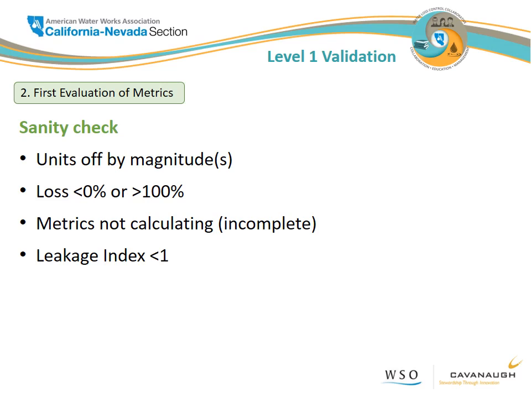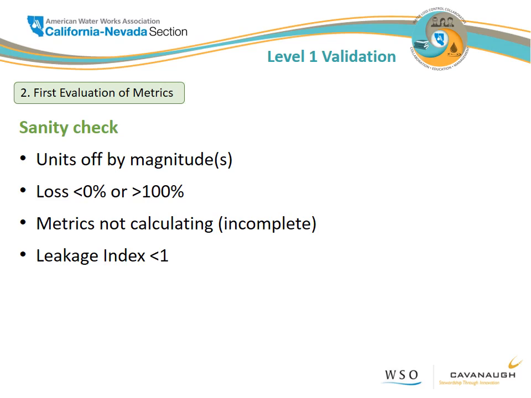Every system has a physical limit, a low limit of the leakage that can be reduced to. And so if we see a leakage index less than 1, it's telling us that the leakage levels are less than the technical minimum. More often than not, that just means there is a gremlin somewhere at play. And so as you're embarking upon step 3 in the level 1 validation process, this is helping you to be on alert for potential gremlins.